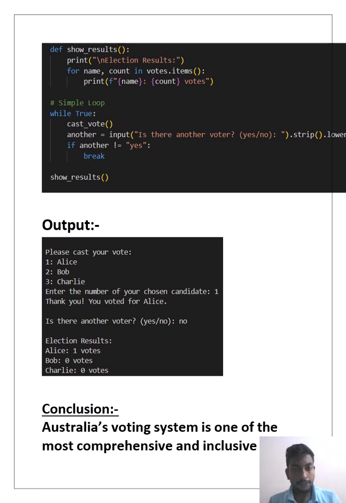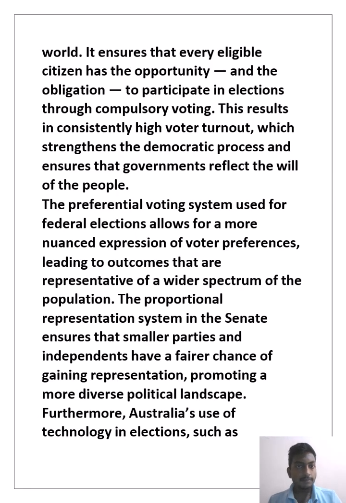Conclusion: The Australian voting system is one of the most comprehensive and inclusive in the world. It ensures that every eligible citizen has the rights and the obligations to participate in elections due to compulsory voting.